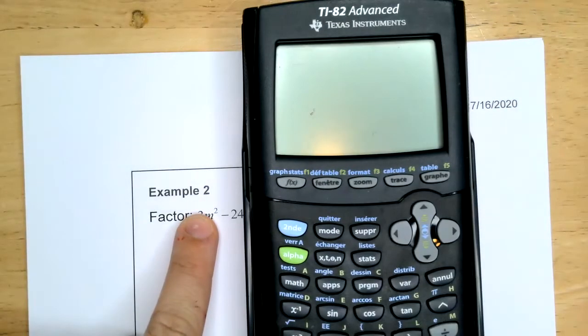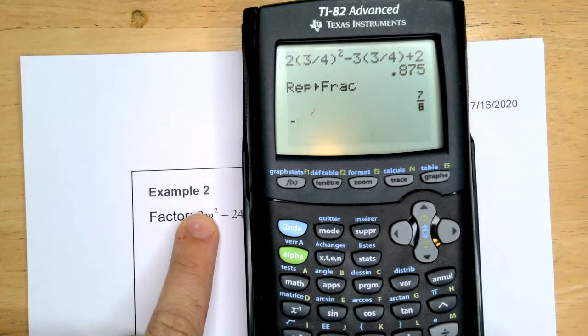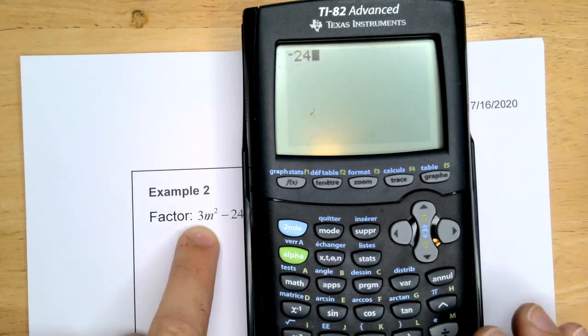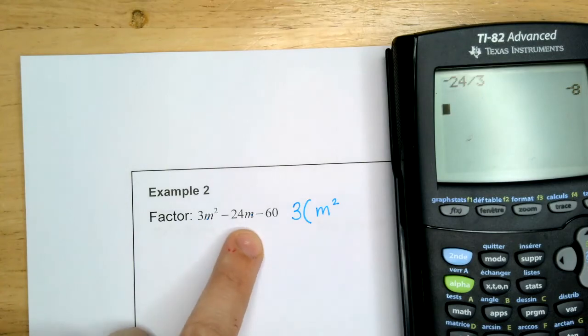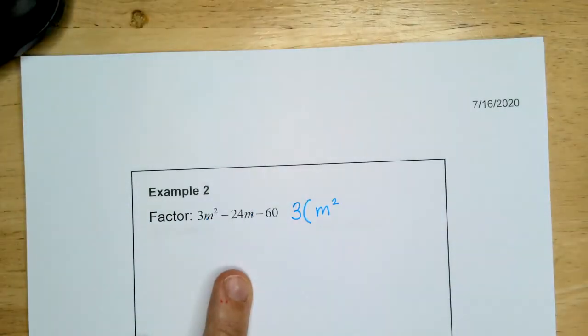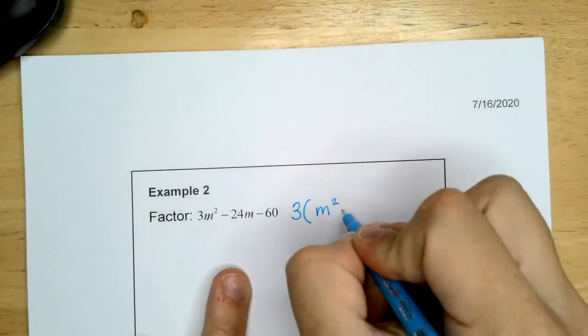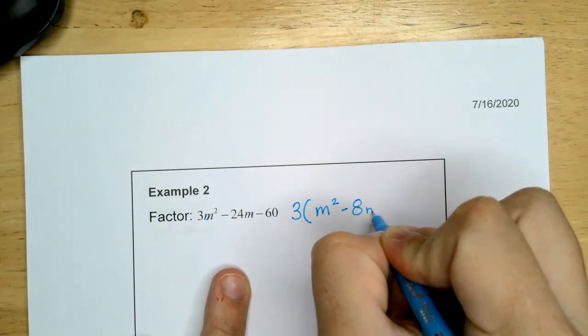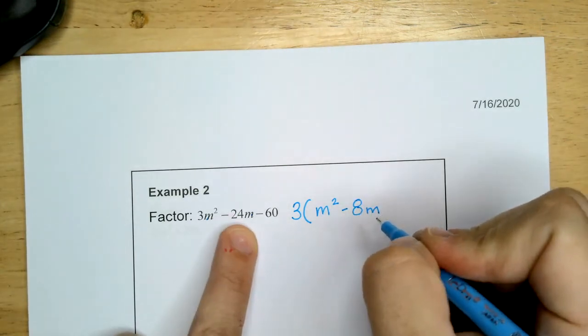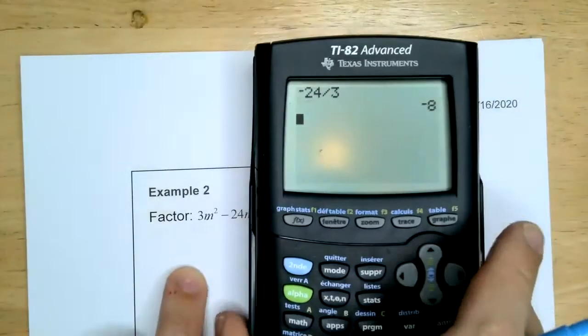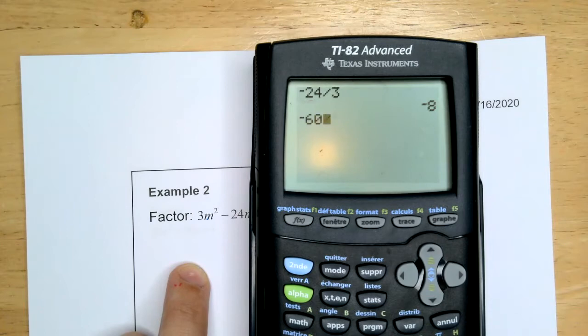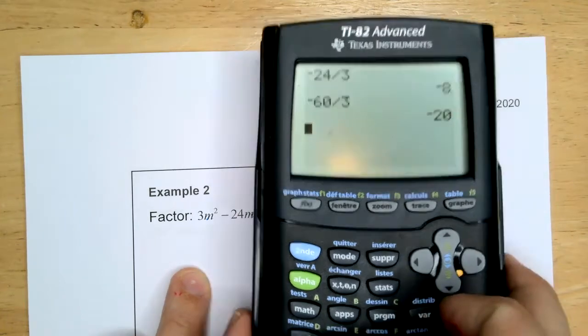I could say negative 24, and I can divide it by 3. Negative 8. Negative 8m, right? And the m, because I have no m over here. And now negative 60 divided by 3 is negative 20.